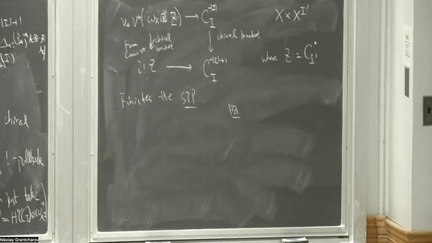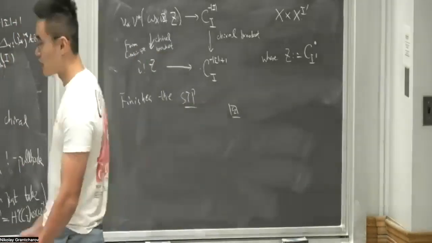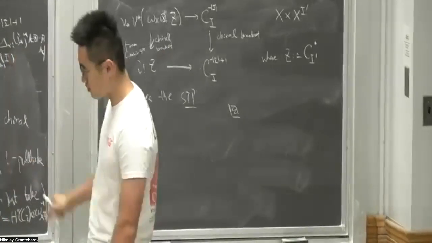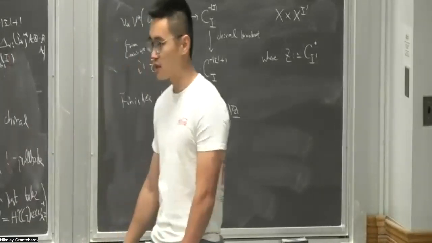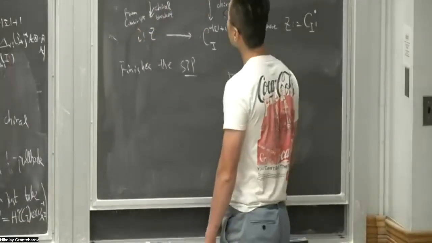So now we'll talk about the chiral envelope, which produces a chiral algebra from a usual Lie algebra, on the most like a box has a version of A. That's where a lot of examples come from. Okay.